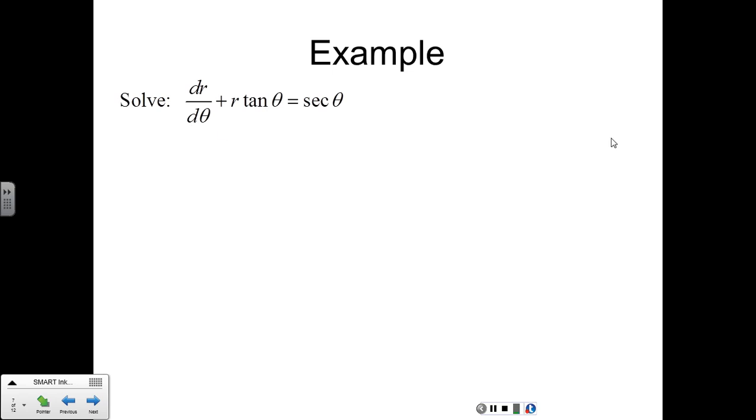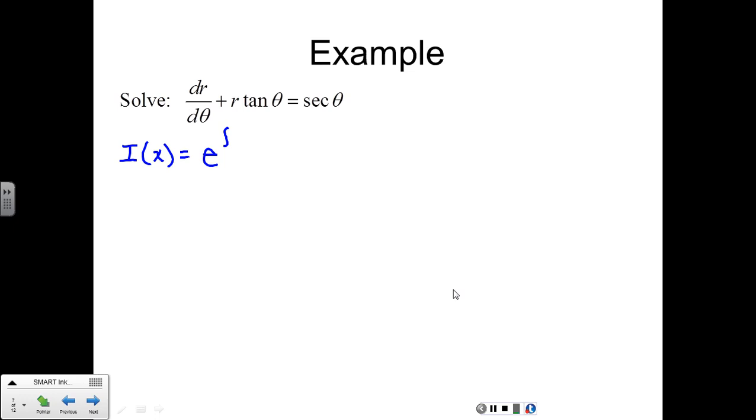What you need to do to solve these is use what we call an integrating factor, I of x. Who remembers how you find I of x? E to the integral of whatever's in the middle that's attached to the y. In this case, what's attached to the r, right?